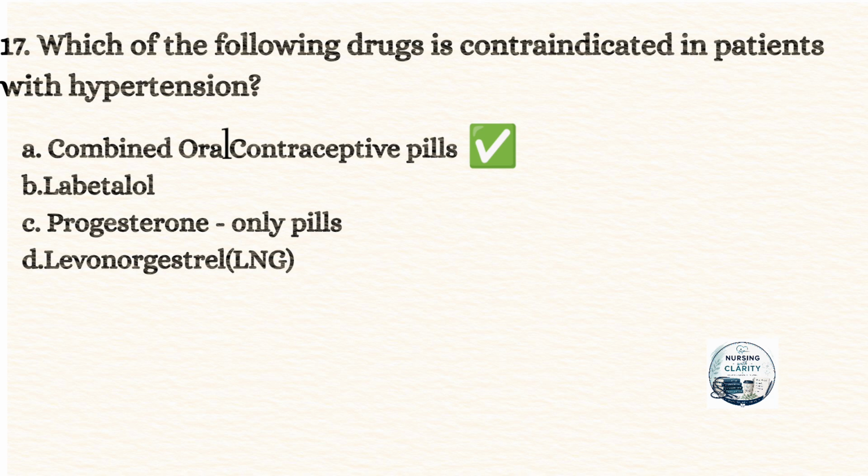Therefore, combined oral contraceptive pills are contraindicated in women with uncontrolled or severe hypertension. Labetalol is actually an antihypertensive drug, often used in pregnancy-induced hypertension. Progesterone-only pills and levonorgestrel are generally considered safer contraceptive alternatives for hypertensive women.